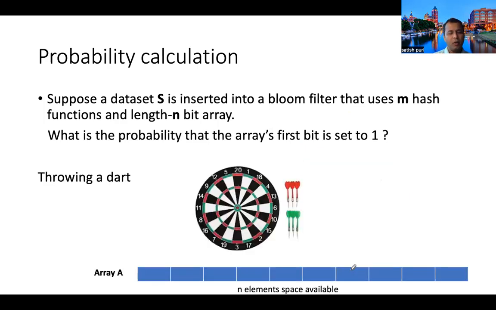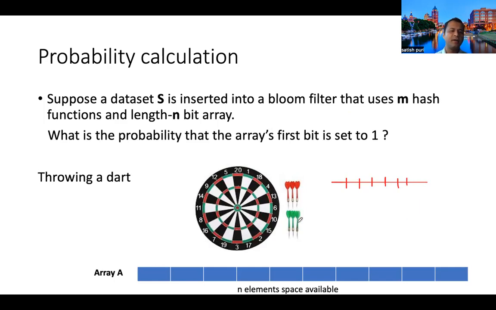All right, so this problem is similar to throwing a dart. Look at this dart. There are 1 to 20 sectors, and you can throw a dart, and the dart can fall into any arbitrary region. You can assume that your bit array with 20 positions is like a dart board, and whenever one hash function is used to insert a key, it will hit one of the positions in the bit array.